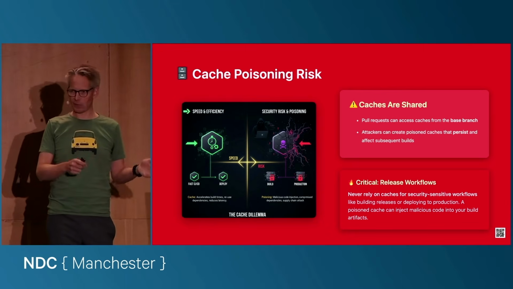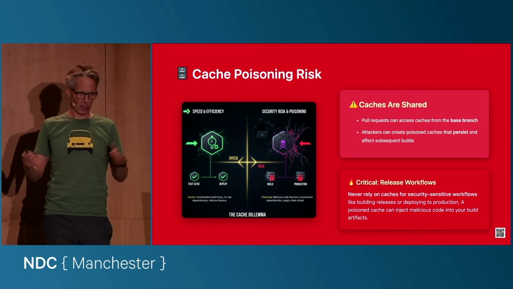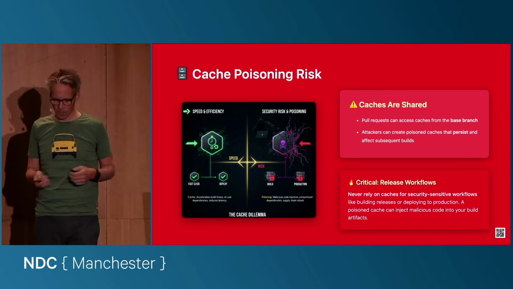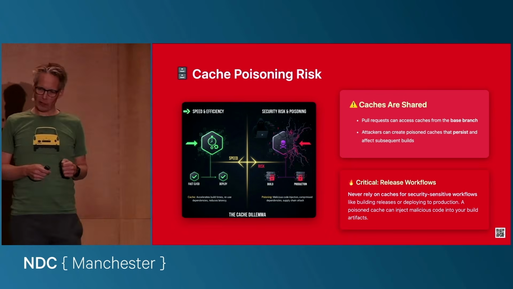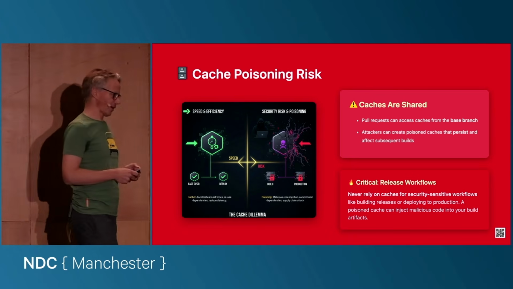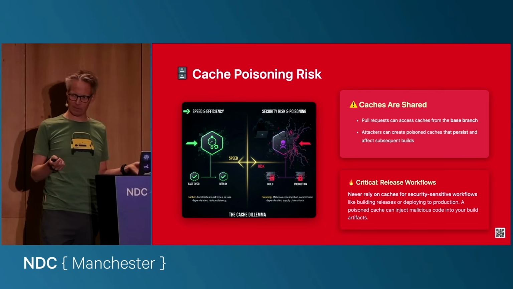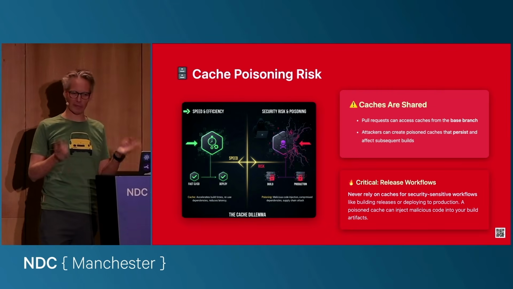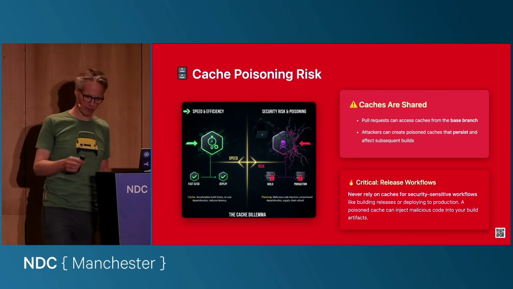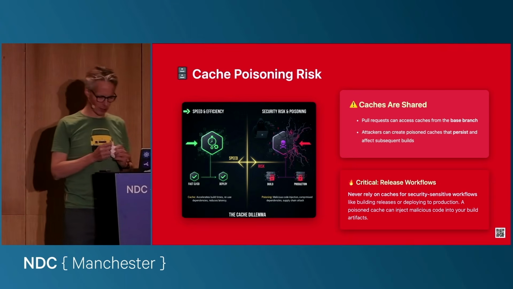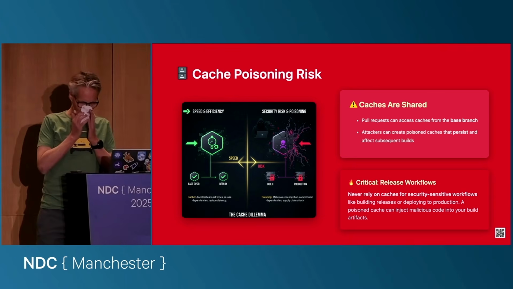Let's say set up Node, set up Java, set up C#. Most of those actions implicitly enable the cache. So you don't even see today that you are utilizing the cache. So you really have to be aware of this, and disable it when you build, for example, your release artifacts.